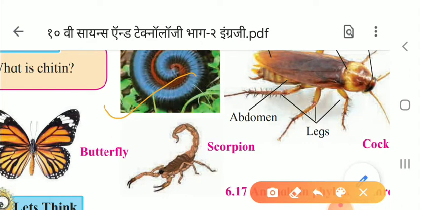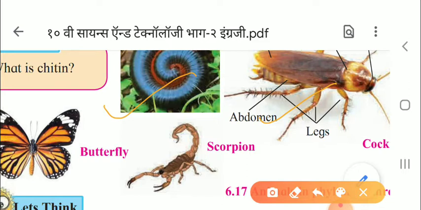Then this is cockroach. It is having the abdomen, leg, head portion, thorax. That means in between the abdomen and head portion, thorax is there, wings are there and legs are there. Legs are jointed. That is why they are coming under the Arthropoda.